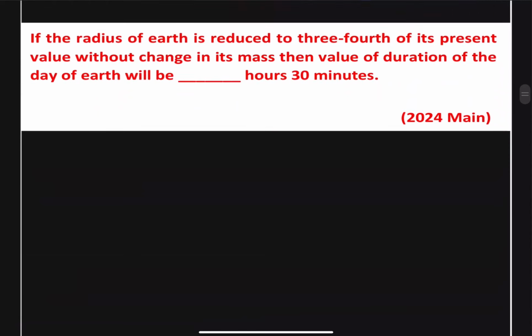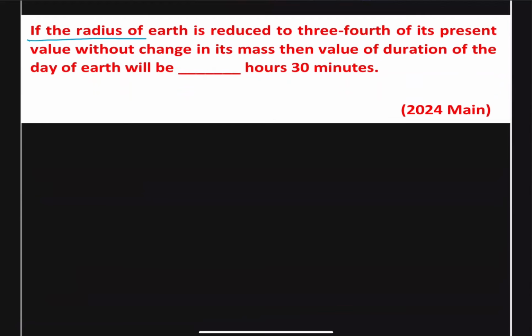Next question, it states that if the radius of Earth is reduced to 3/4 of its present value without change in mass, then the value of duration of the day of the Earth will be dash hours and 30 minutes. Okay. So in this case, we are going to use that product of angular momentum, angular velocity and moment of inertia is constant.